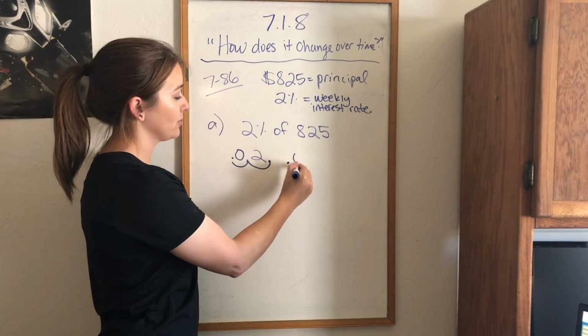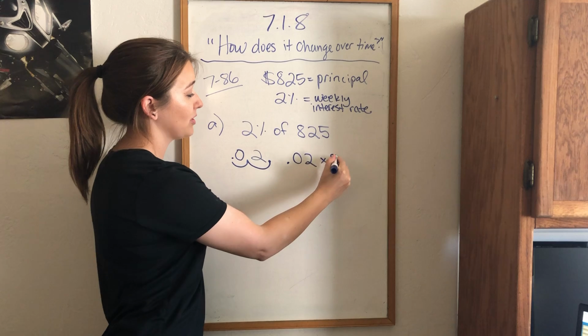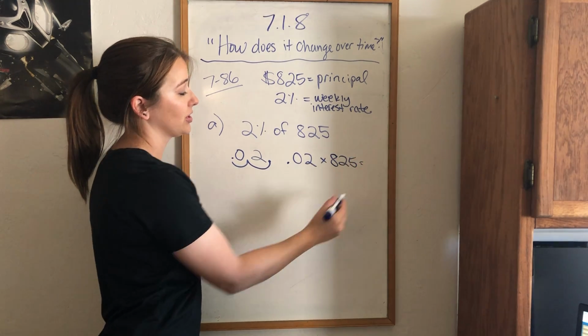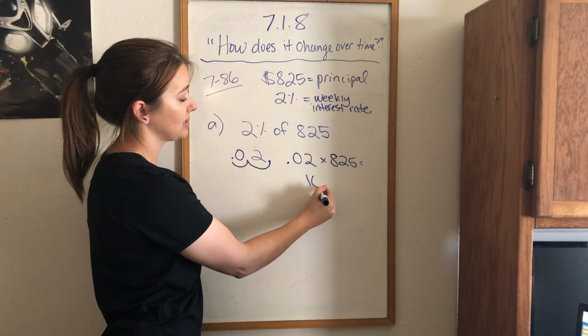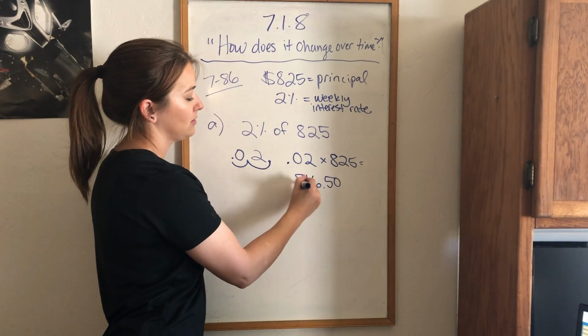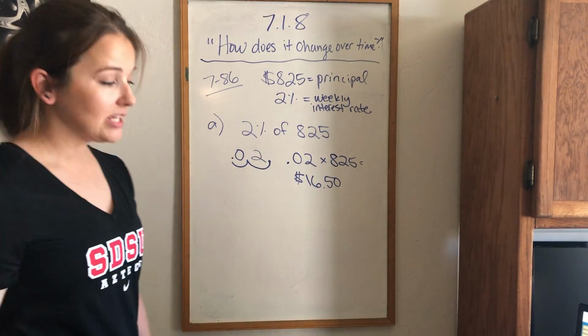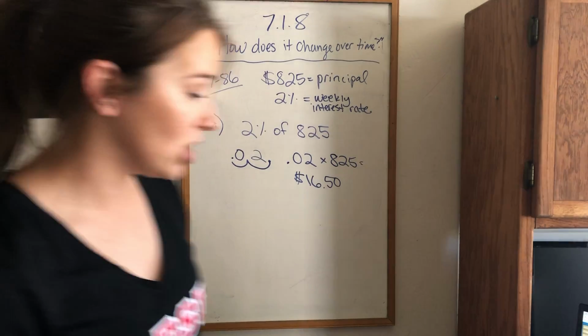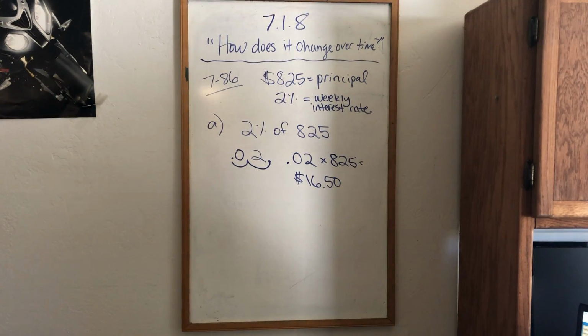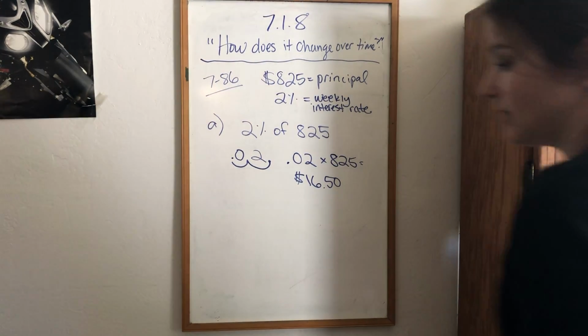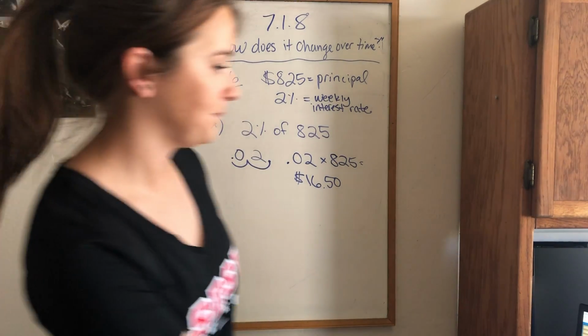So that's 0.02 times 825. And I just did the calculation on the calculator over there, and it said 1650. So that means that $16.50 is charged each week on top of the 825 that they borrowed.